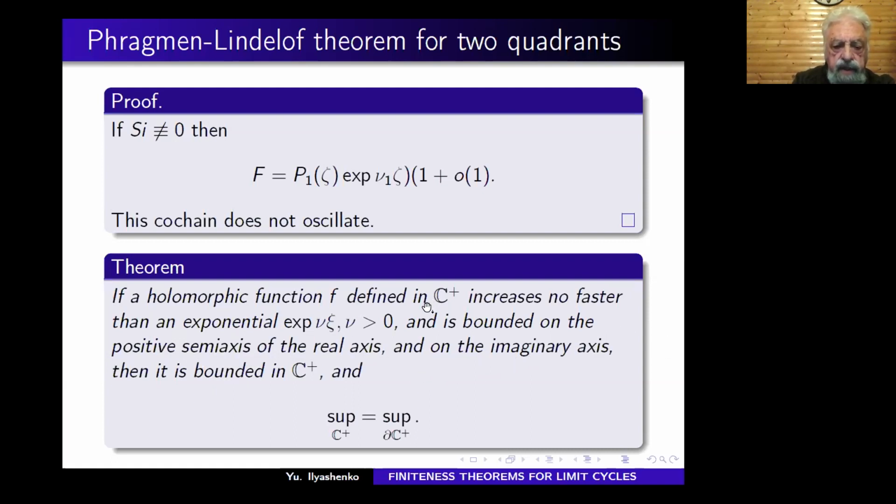And the theorem claims that this function cannot use the possibility of growth that was provided. It should be bounded in all its domain, and I am sorry for a typo, the supremum of this function f in its domain equals the supremum of this function on the boundary of the domain. So this is the first version of the Phragmen-Lindelof theorem, improved.